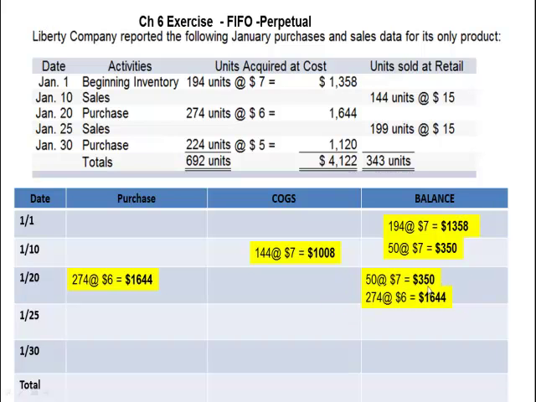Our ending inventory on January the 20th, or inventory that we have that's available, will be $1,994, and that's made up of these two layers, the layer at $7 a piece and this layer at $6 a piece.